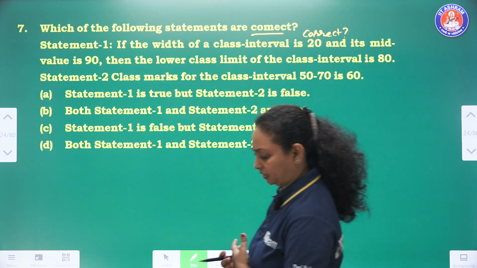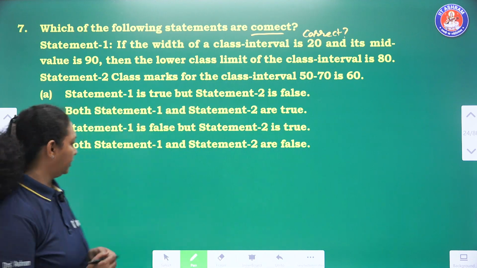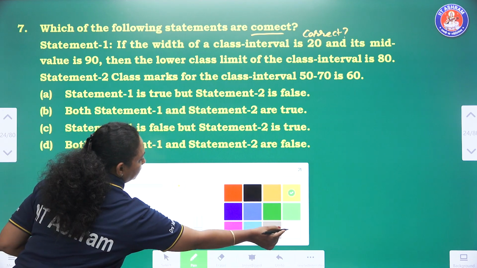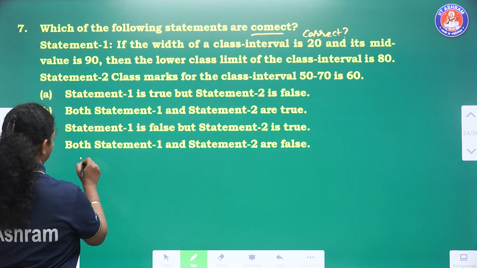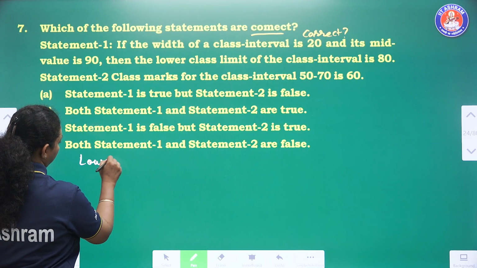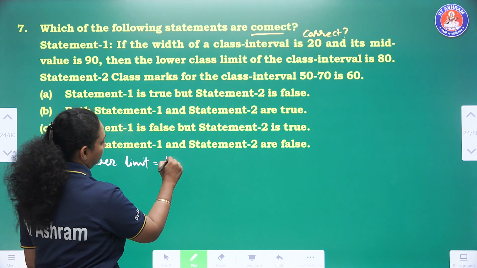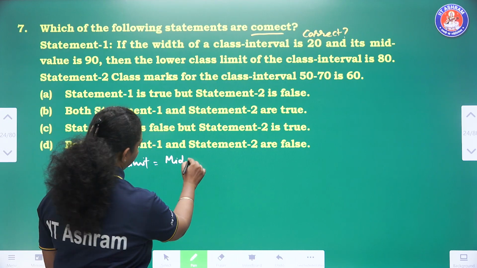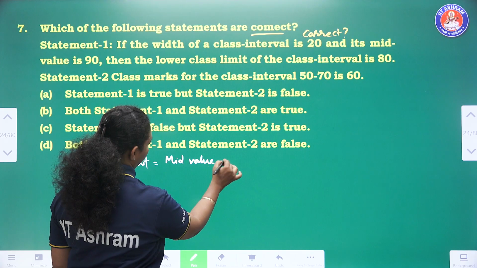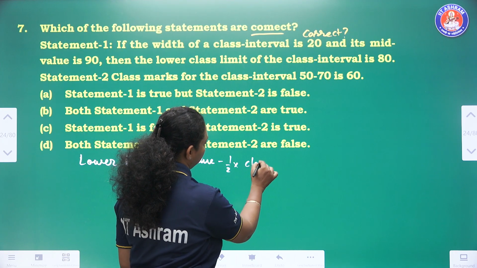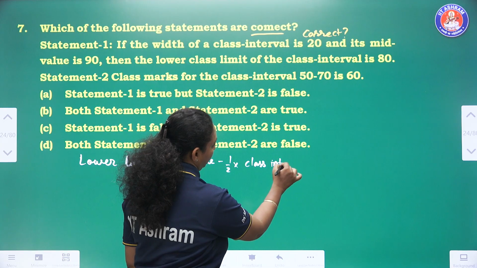Okay, how do we find the lower limit? It's a very easy formula. The lower limit is equal to the class mark, that is known as the middle value, minus 1 by 2 of the class interval.